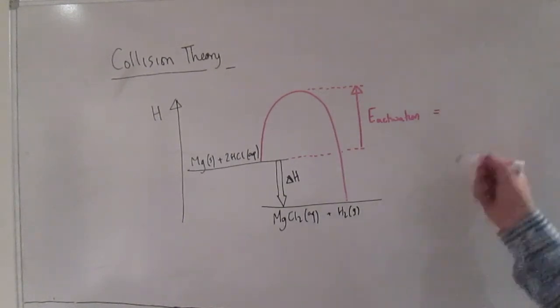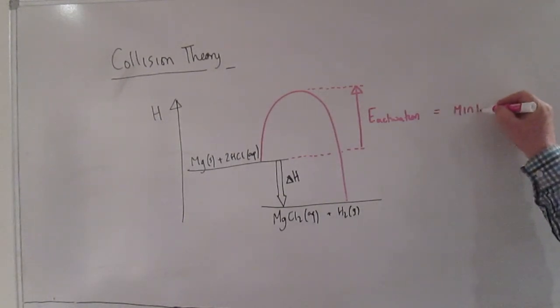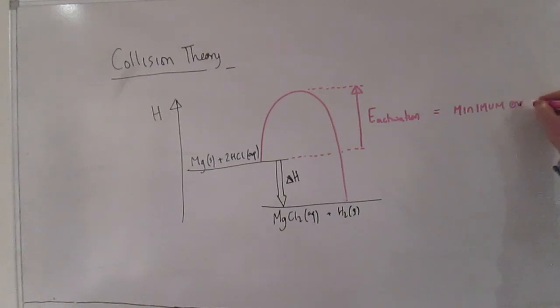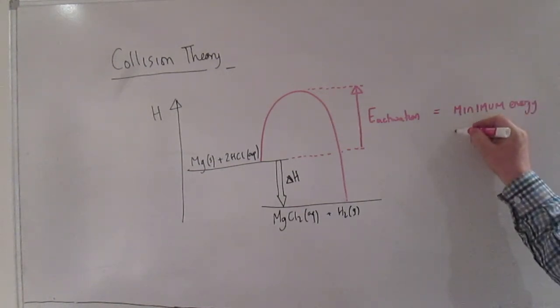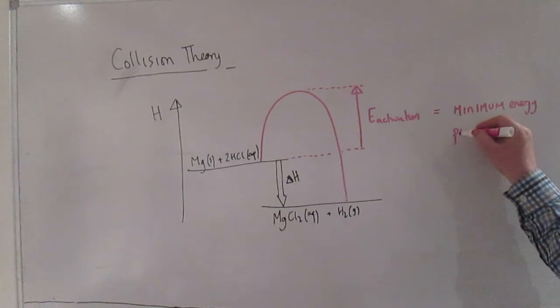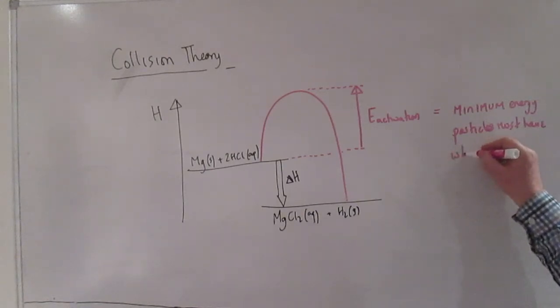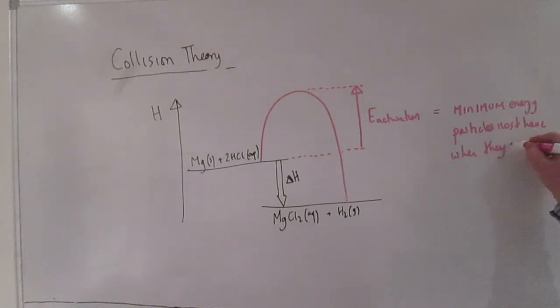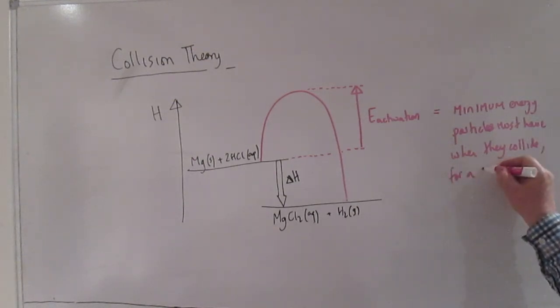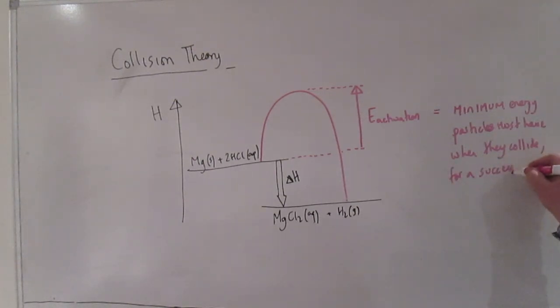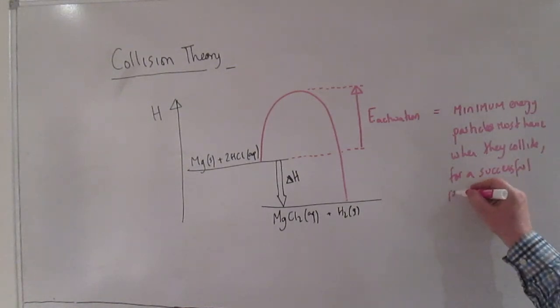Okay, and if you've got to put it in words, it's the minimum energy that the reacting particles must have when they collide for a successful reaction. So if they hit each other too gently, nothing will happen.